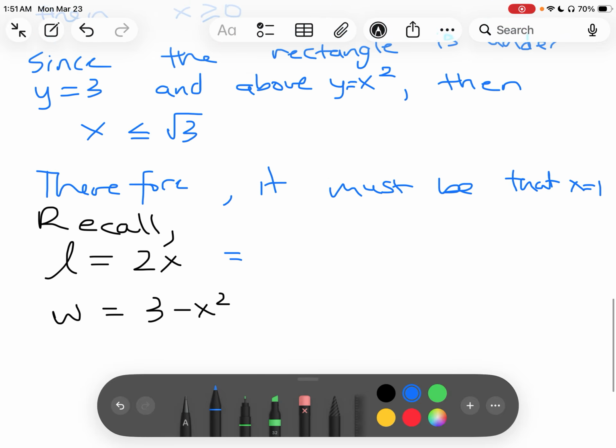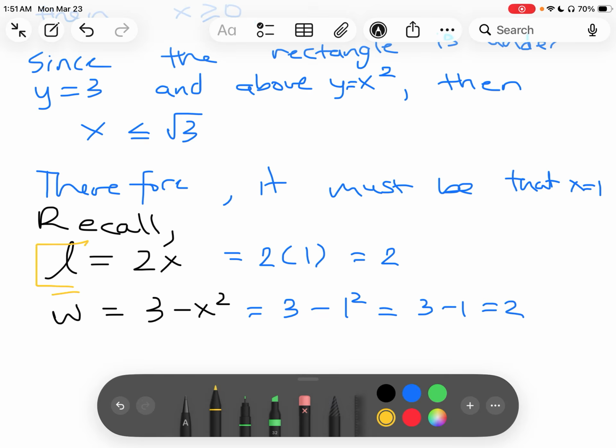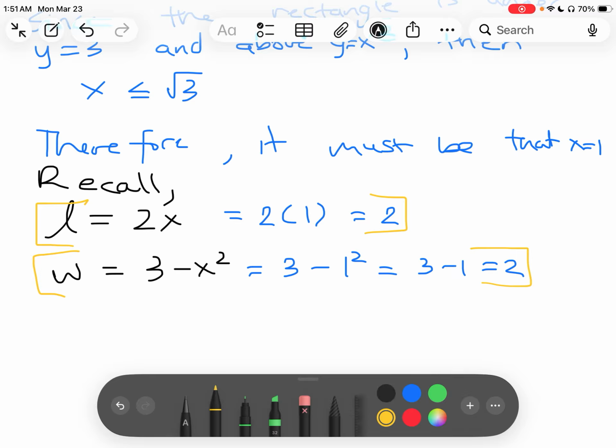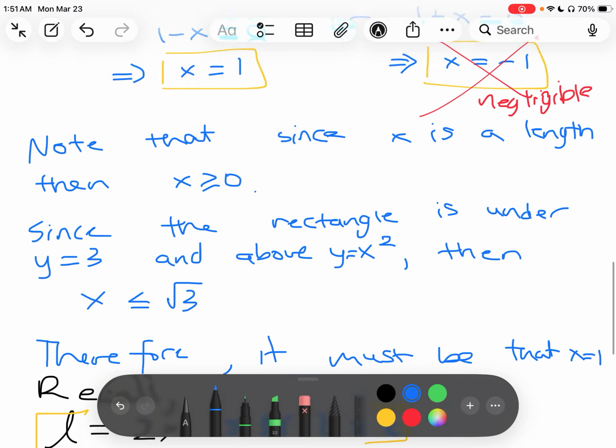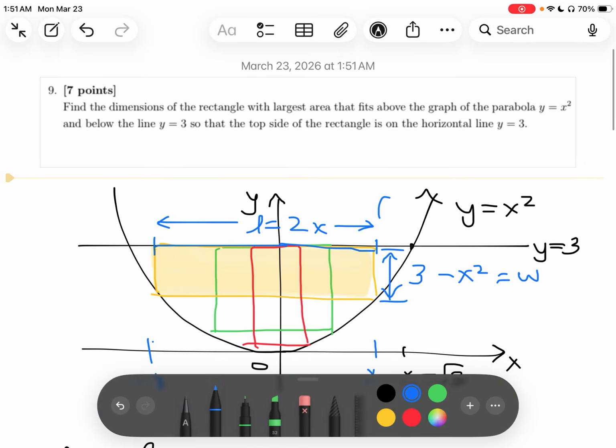So this means that we have length is 2 times x, so 2 times 1, and this is just 2. And width is 3 minus x squared, so 3 minus 1 squared. So this is 3 minus 1, which is 2. And so this means that we have this. Okay, so to answer the question, we need to say, what are the dimensions?